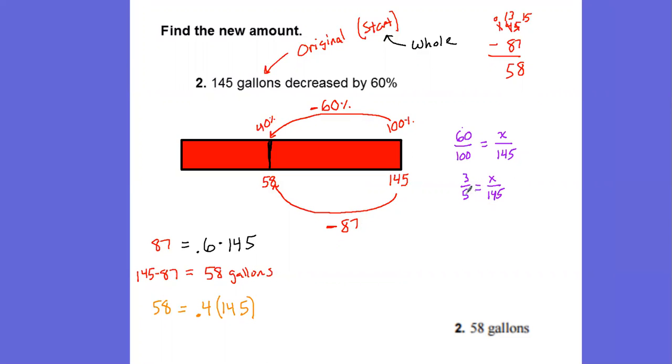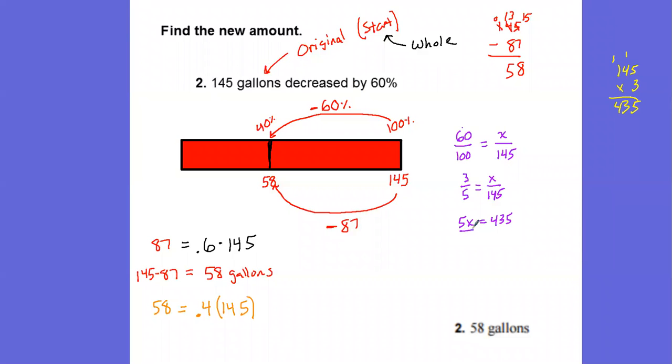But just so you can see the math work out, cross multiply. 5 times x is 5x. 145 times 3: 3 times 5 is 15, 3 times 4 is 12, plus the 1 is 13, carry the 1, 3 times 1 is 3, plus 1 is 4, so that gives me 435.